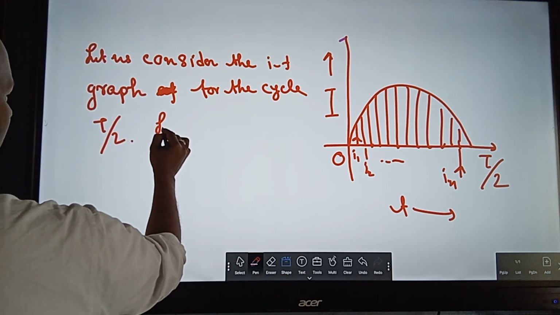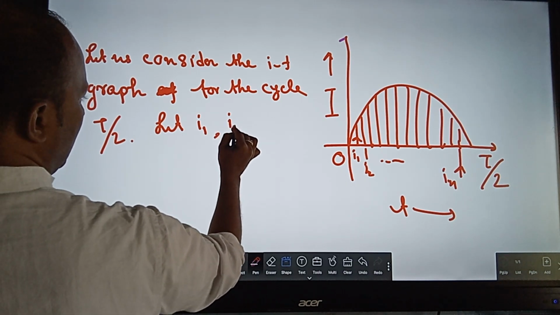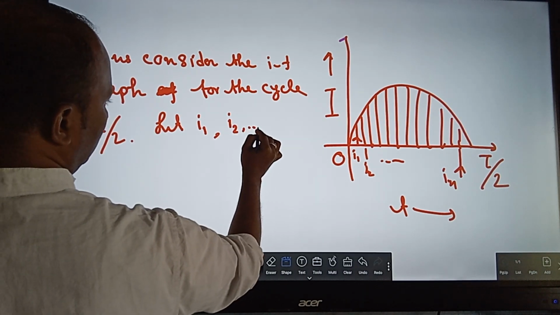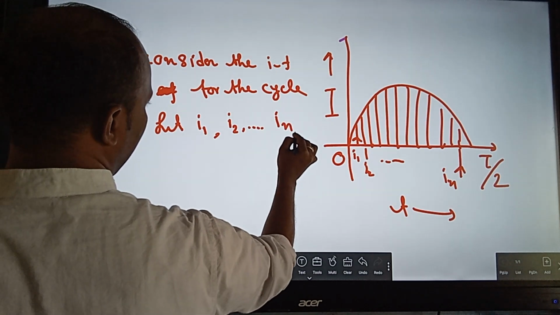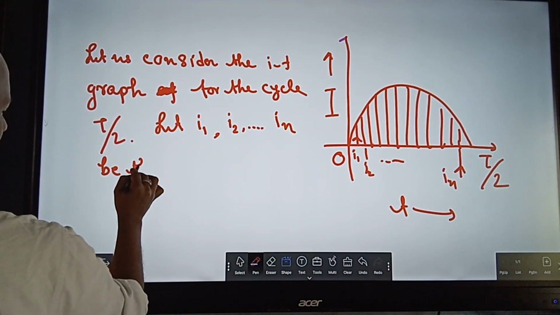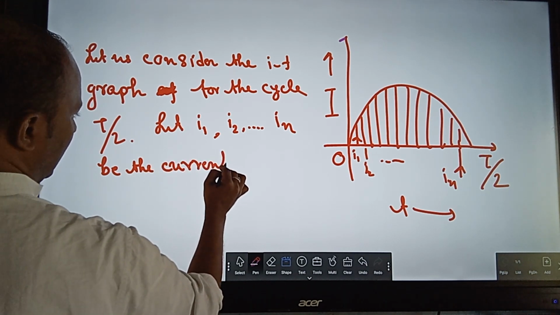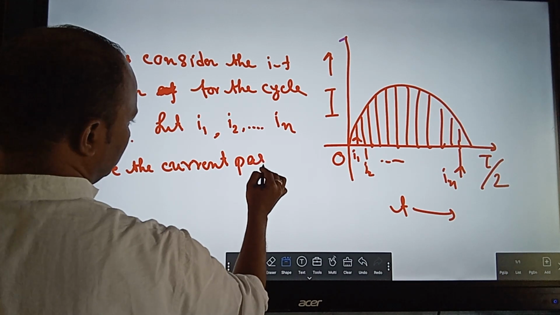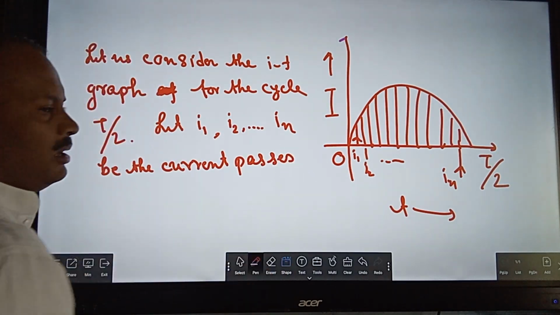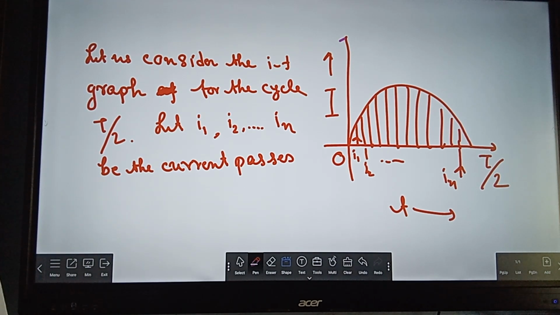So we can write: let I1, I2, up to In be the currents passing for each time interval.